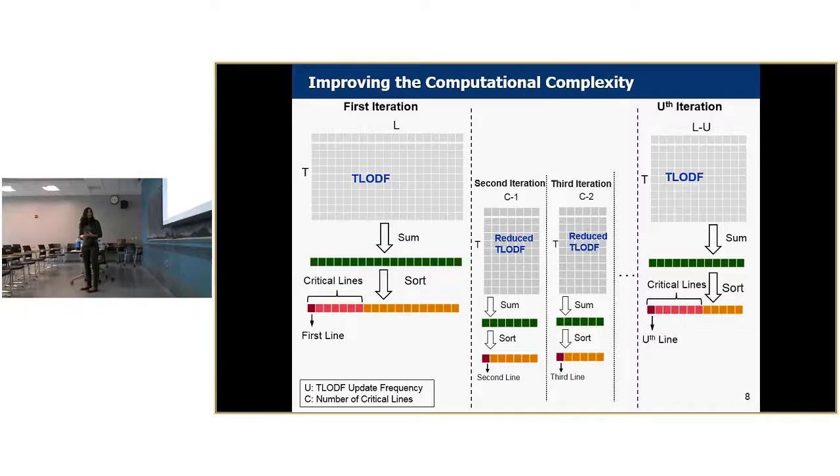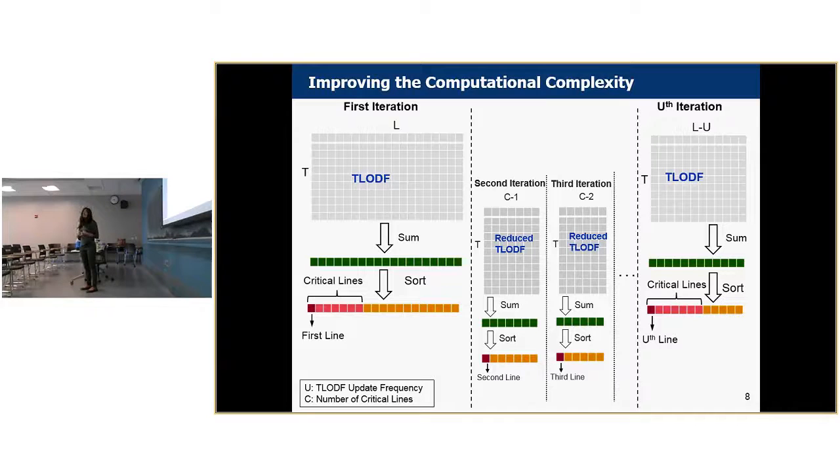And what we did for this algorithm is that, for example, you do the first 30 or 40 iterations like that, but after that you go back to the big matrix and you recalculate the full matrix to update the critical lines. So in this algorithm, we have two parameters that we need to specify.